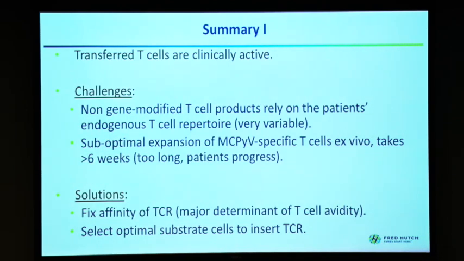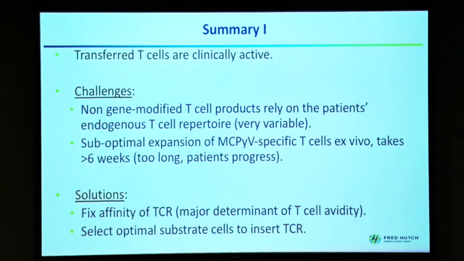The other issue with endogenous T cell therapy is that we have suboptimal expansion of these cells, probably also because they're exhausted. So now you're taking them out of the patient, you're trying to stimulate them ex vivo, and it doesn't really work very well. And it takes quite a long time for these patients. They progress extremely rapidly, so we need something with a faster turnaround.